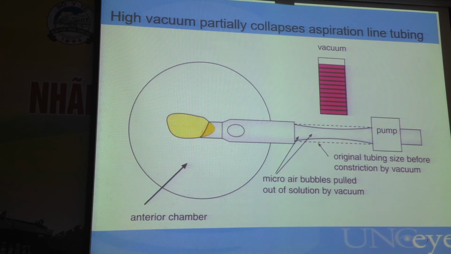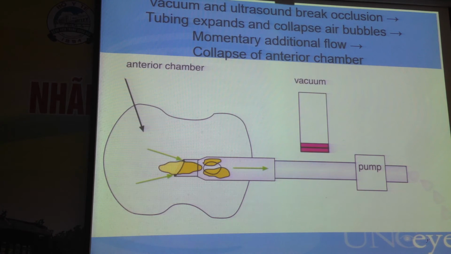You have partial occlusion at this point. So what happens? The aspiration line expands, and you get this increased inflow of fluid into the anterior chamber. When the vacuum and ultrasound break occlusion, you'll have sudden increased vacuum in the anterior chamber, and the anterior chamber can collapse.